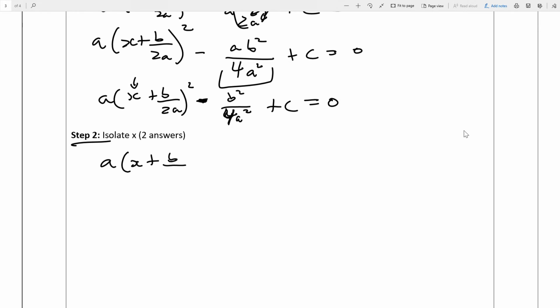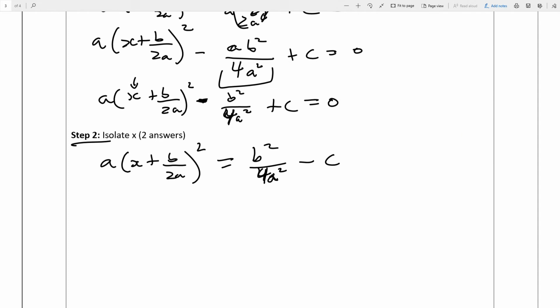So we're going to add b squared over 4a and subtract c, and then divide everything by a. Oh, that's the problem. Okay, so I made a little error here.